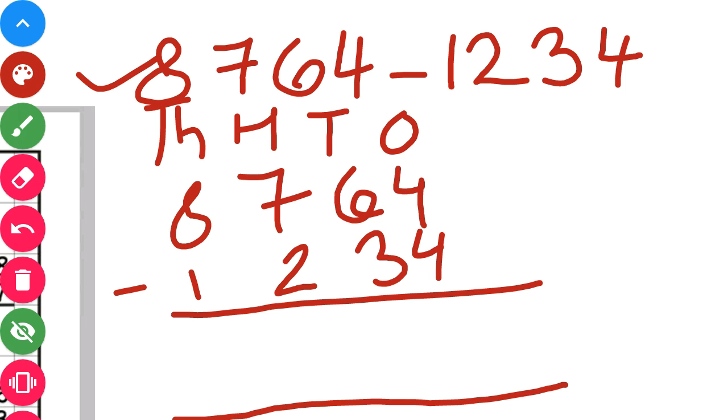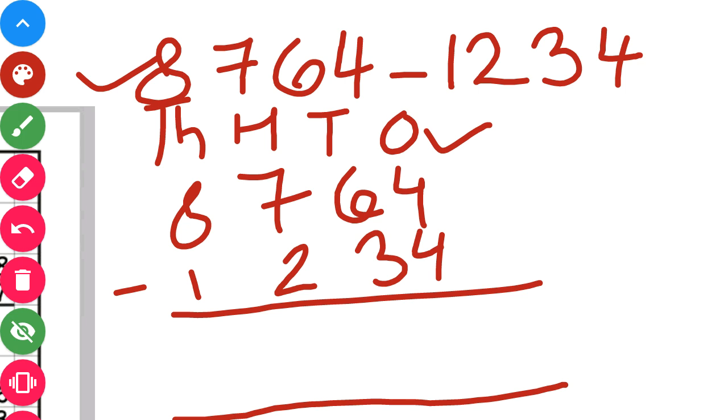Okay now. We will start from which position? Ones place. So we have 4 at the ones place. Now take out 4 fingers and subtract 4 from 4.